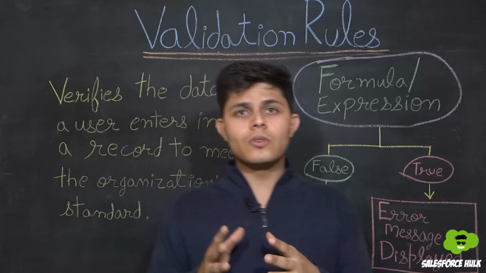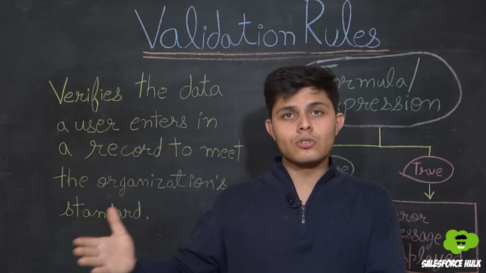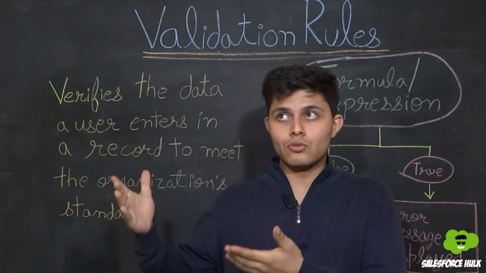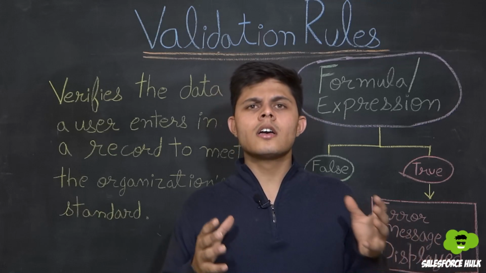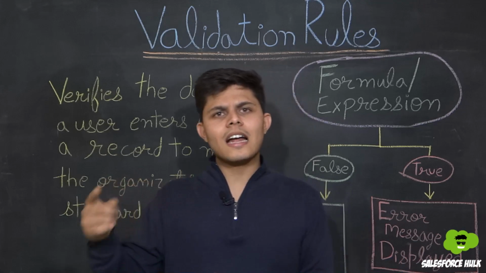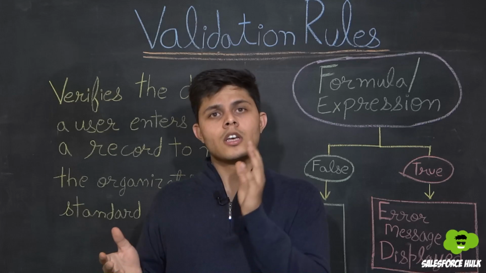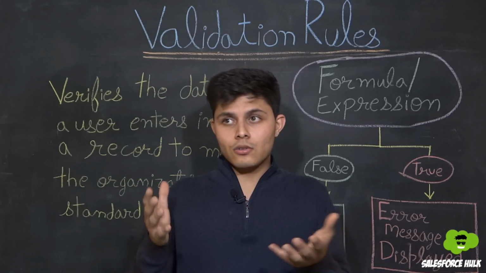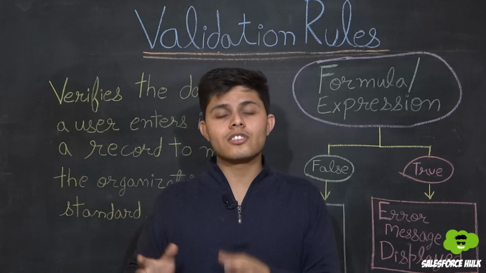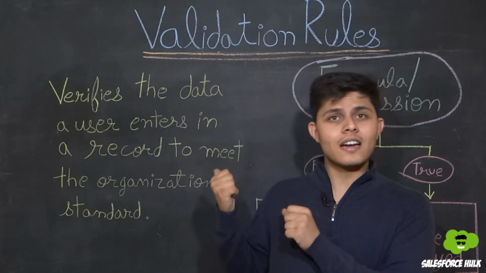So what you need to do is, in order to control the data which your users are entering to create or edit a record, you want that data to be quality data, and you want that data to meet your organization's standards. So in that situation, you are creating validation rules.